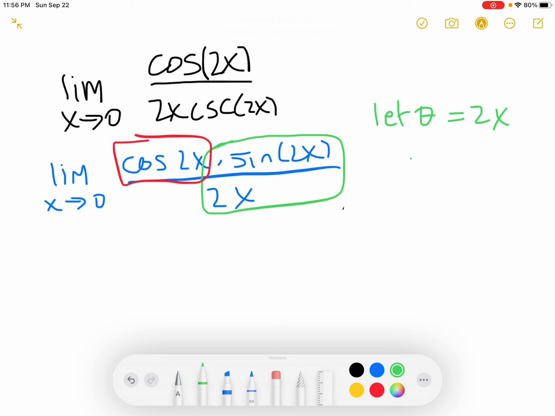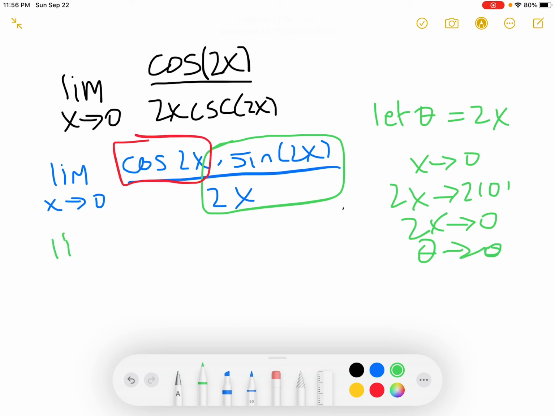So then we put this. Once again, limit as theta approaches 0. We just replace all the 2x's with theta.